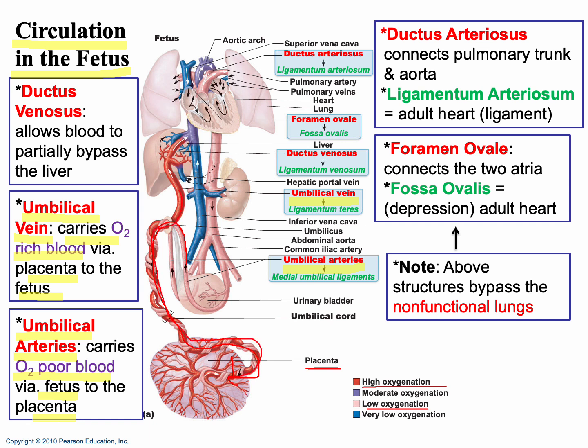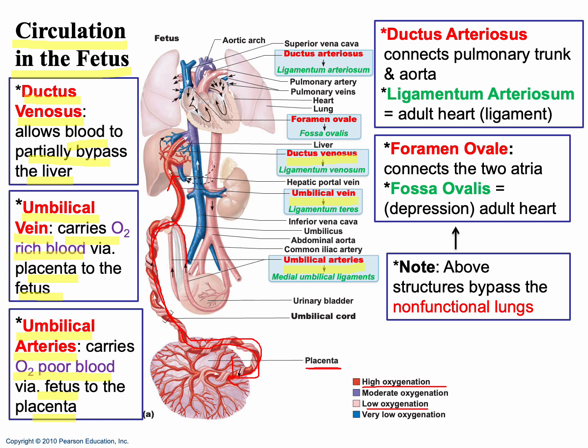This is the umbilical vein I'm following up here, and a high amount of oxygenation in that umbilical vein. And eventually that hooks up with the inferior vena cava here. Other structures we find in the fetal heart is what's known as the ductus venosus. And the ductus venosus here allows for blood to partially bypass the liver.